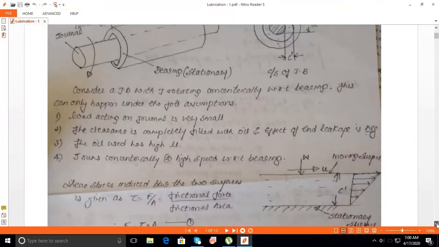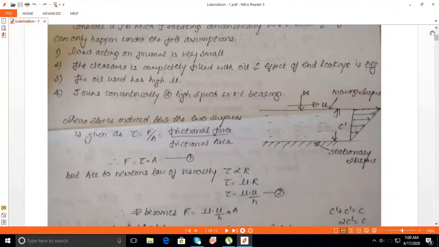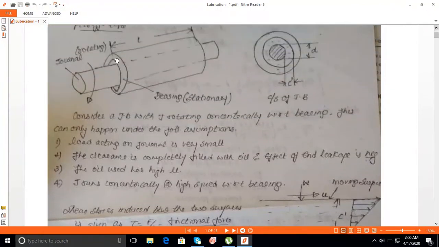To determine the coefficient of friction, I am considering this journal in an unwrapped condition. Unwrapped means I am cutting along the length like this, such that once I unwrap it, there are two surfaces. One surface is the journal, the other surface is the bearing.